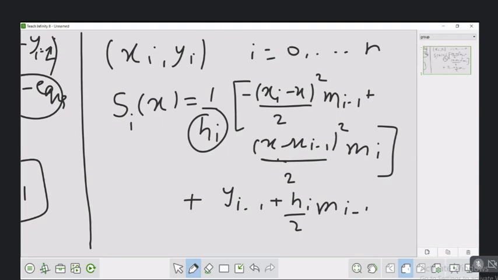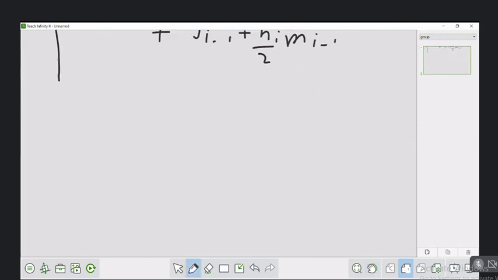So how do you calculate mi? For m, the equations are this recurrence relation.